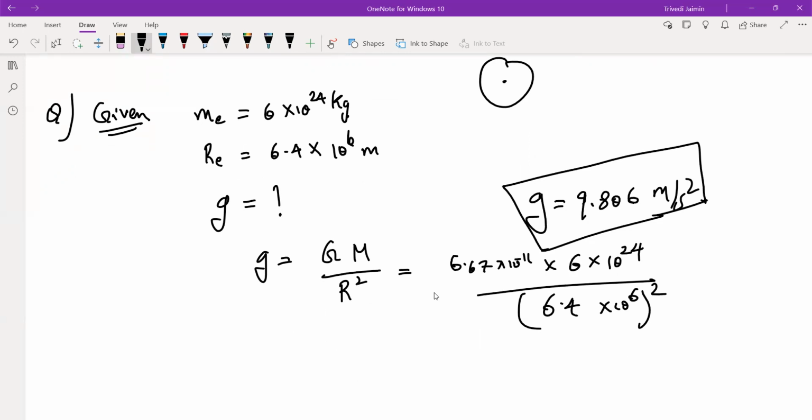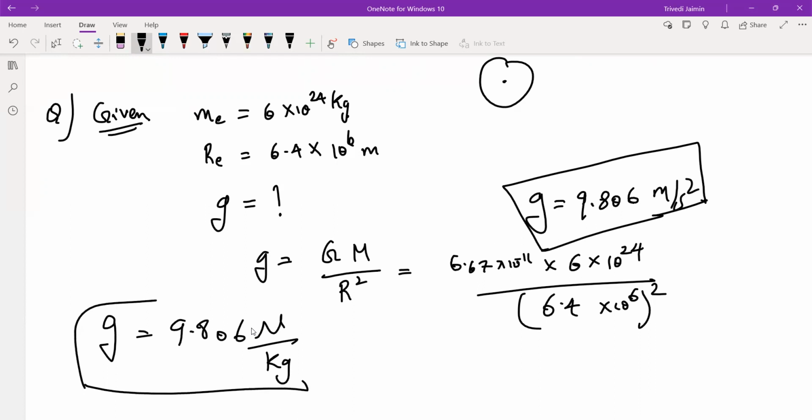If I give you g as 9.806 Newton per kg, is this unit the same as this one? Are both units correct? This one we know, meter per second square. Is Newton per kilogram also correct?